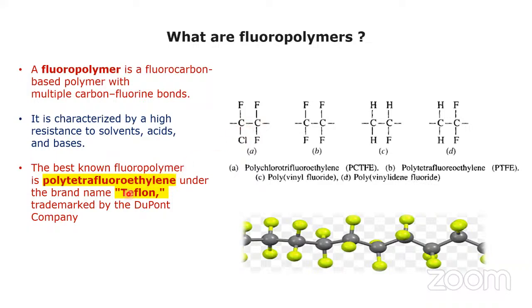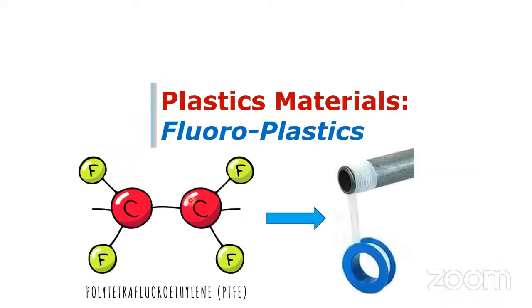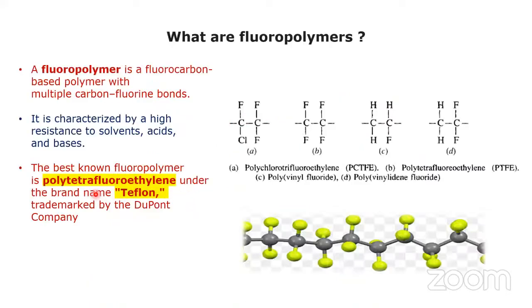The best known fluoropolymer is polytetrafluoroethylene under the brand name Teflon, as someone mentioned just before, Teflon tape. Teflon is your polytetrafluoroethylene, which we call PTFE. It is a trademark of the DuPont company.